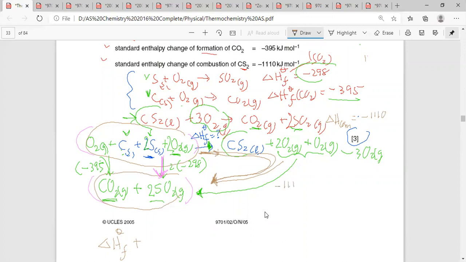Minus 1110, because 1 mole. So it's this one here. That plus minus 1110, put the bracket, always equals to how much? These two further here, plus here plus here. So equals to minus 395 plus 2 times minus 298.